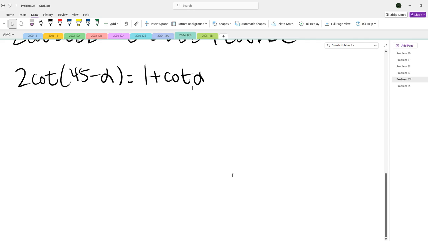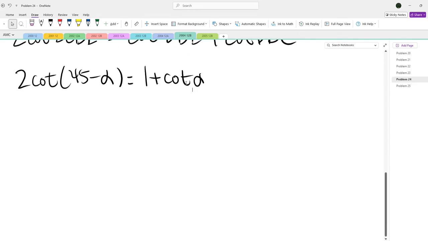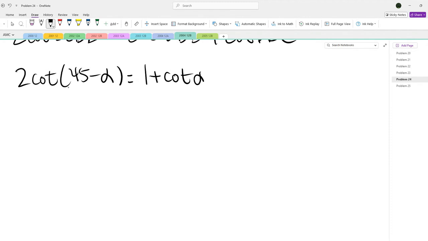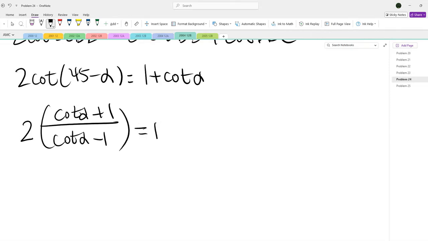And since DBE is 45 degrees, we can use the cotangent difference of angles formula to get that this is equal to 2 times (cotangent alpha plus 1) over (cotangent alpha minus 1), equal to 1 plus cotangent alpha.